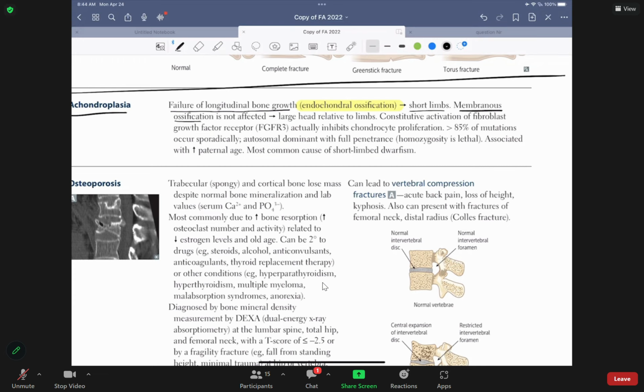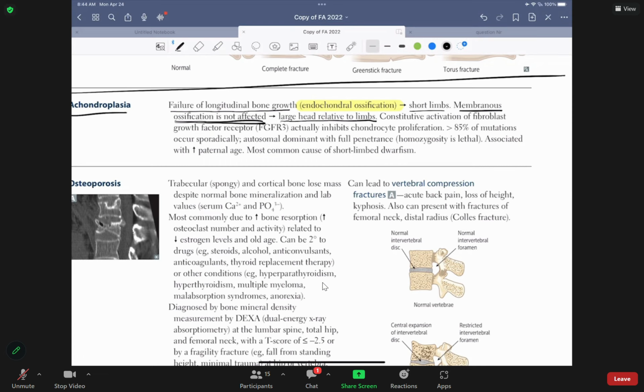Membranous ossification is not affected. I found some First Aid book says it is affected. There's a printing mistake. They didn't put the word not, so pay attention. Membranous ossification is not affected. So when you look at these patients, it looks like they have a big head relative to their extremities, but actually the head is the same size. Because the extremities are short, it looks like that. Is that clear, folks?